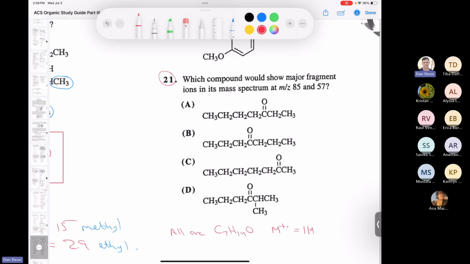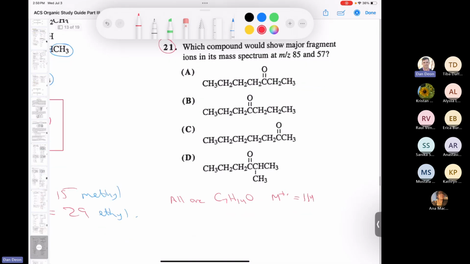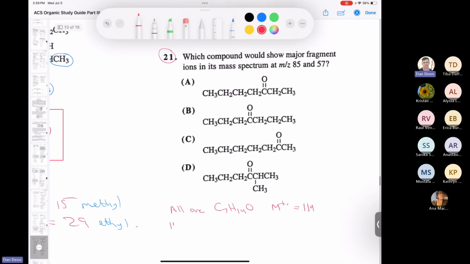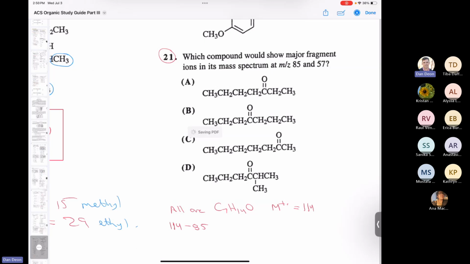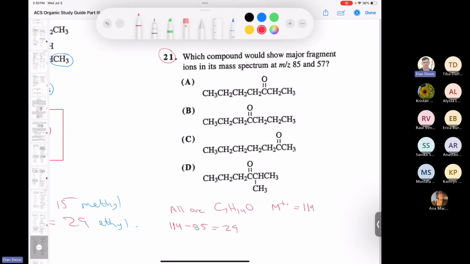So if I take 114 and subtract 85, I'm going to end up with 29. And if I take 114 and subtract 57, I end up with 57. That suggests that we have symmetry in the compound, maybe, and that's just a maybe.